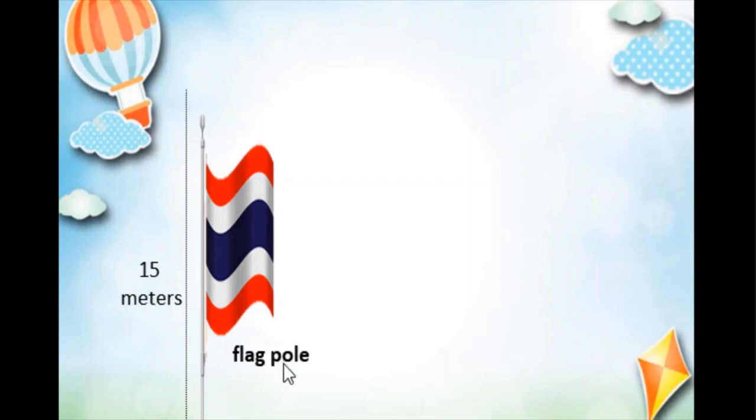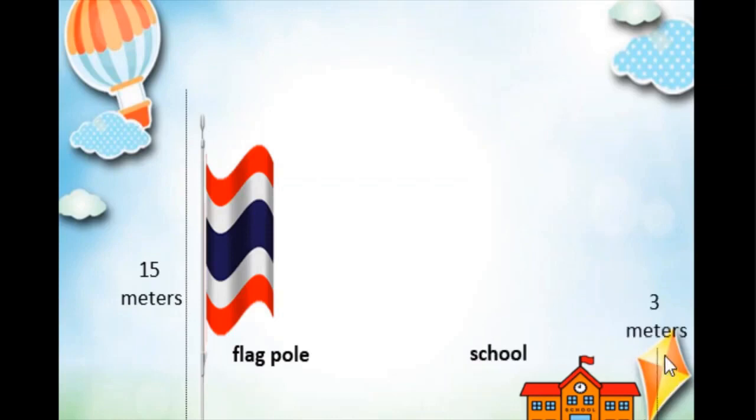The flagpole is 15 meters tall. And then we also have the school. We estimate the height of the school as 3 meters long. So again, we have the flagpole with 15 meters and the school with 3 meters.